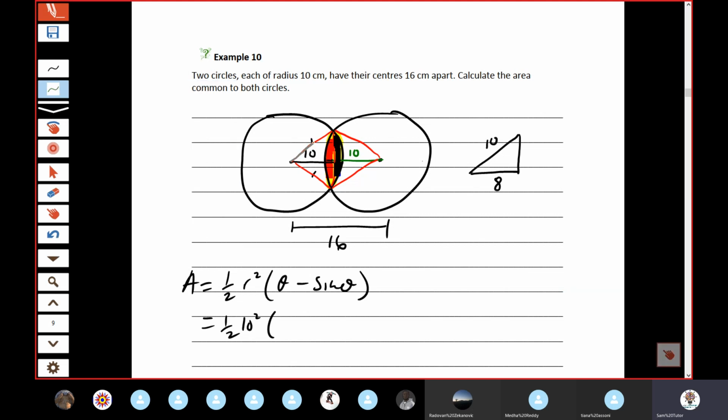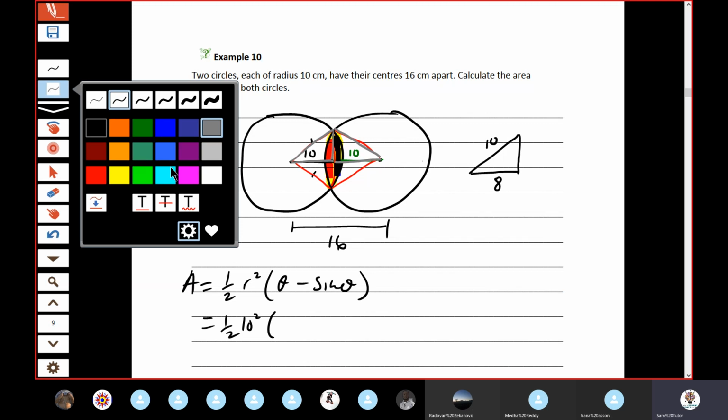So that bit's 10. I think we agree with that as radius. And then what do we know about this whole length now? Now that you see the way I've drawn it, you know that this whole length is 16. So that means halfway would be 8. Once I've got that, it should be okay.